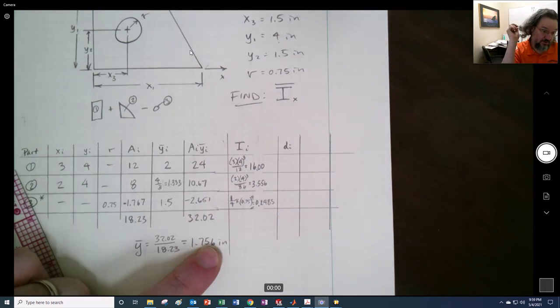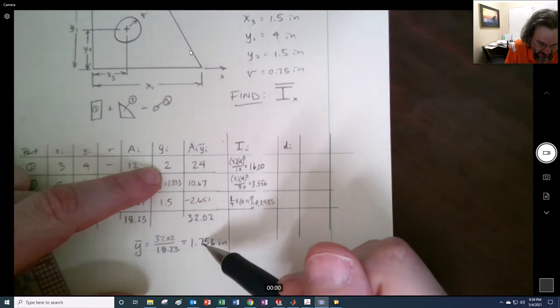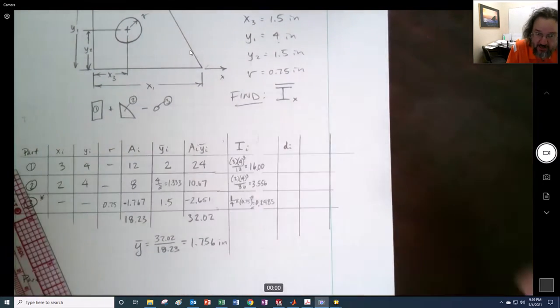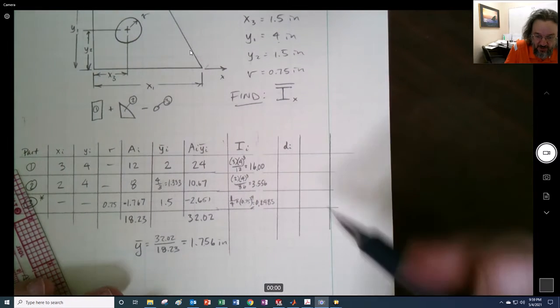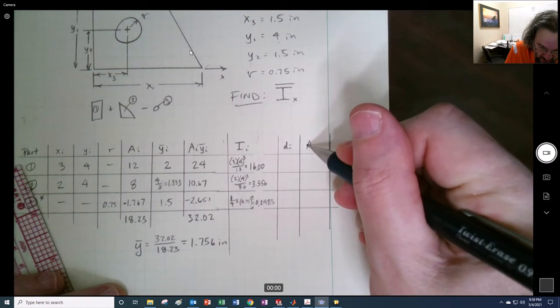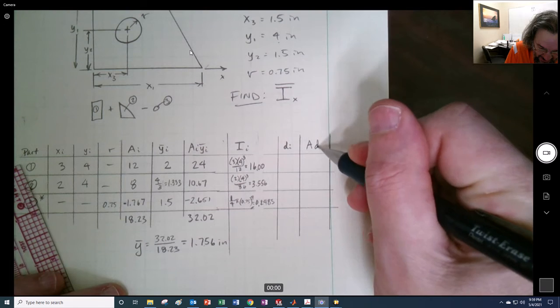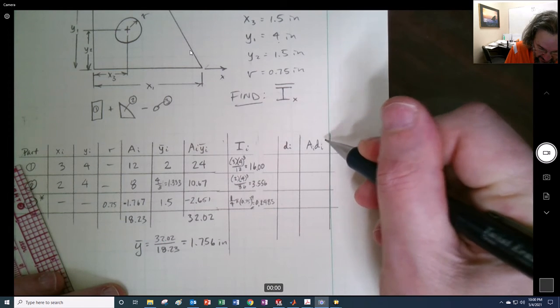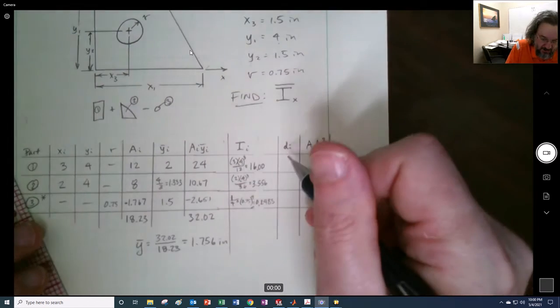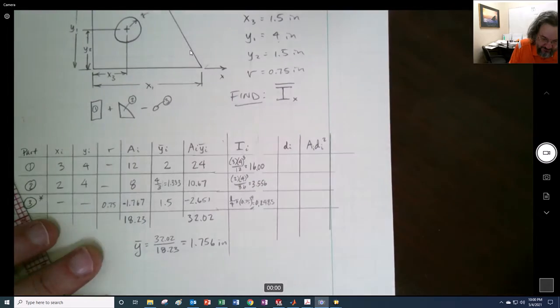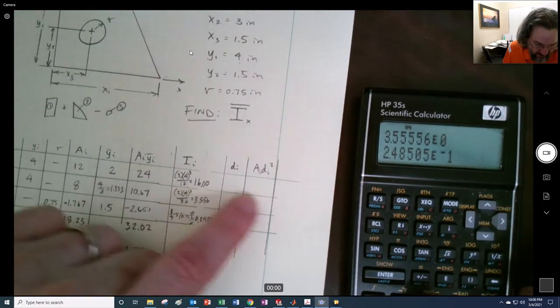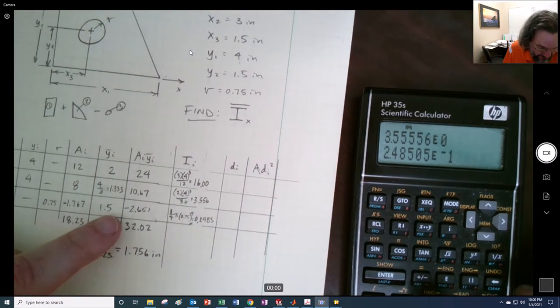A lot of times what we need to do is just take this and subtract that and then square it. It doesn't matter. And we're going to have A I D I squared right here. So I'll do this next to the thing right here.